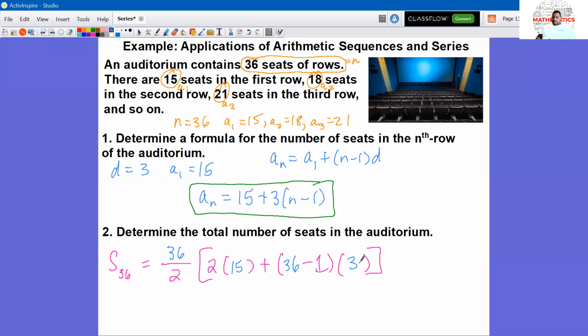Put all of that in, and you get 2,430. So 2,430 seats are in this auditorium.